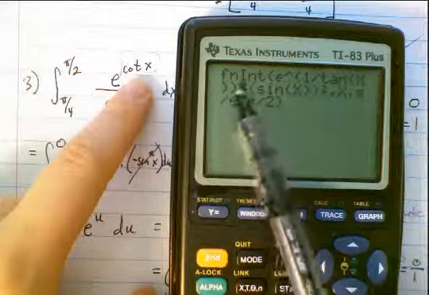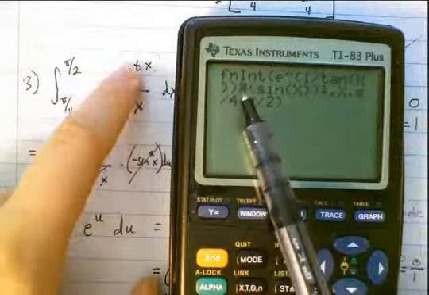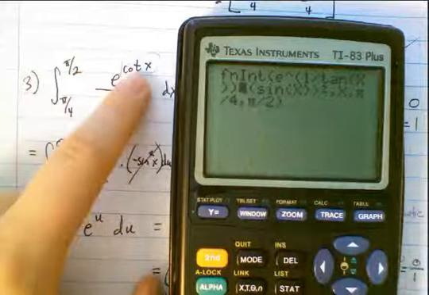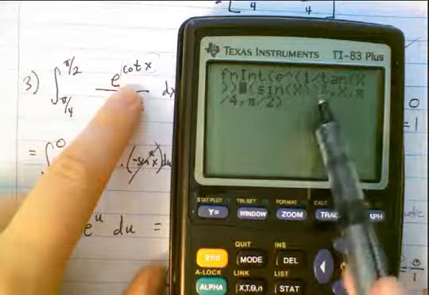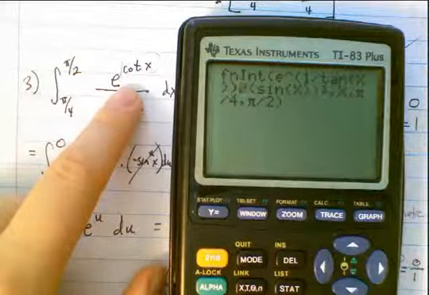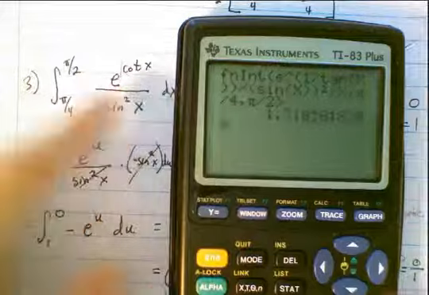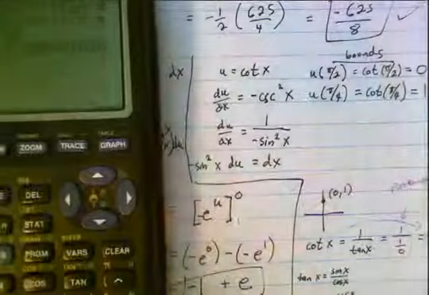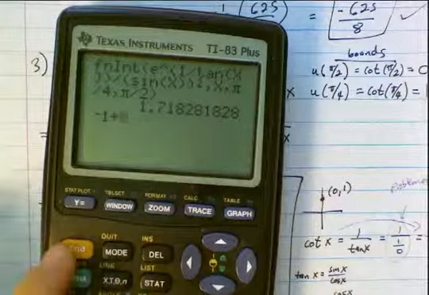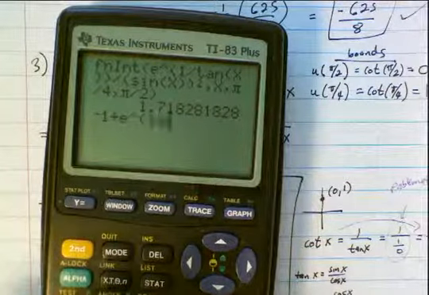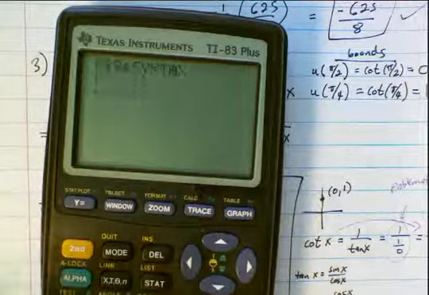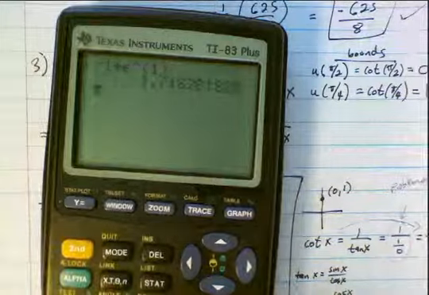But I have to put another parenthesis closing the e to the power of subject. Okay, one parenthesis there, final parenthesis. Okay. And let's see if negative 1 plus e to the first power, whoops, same thing.